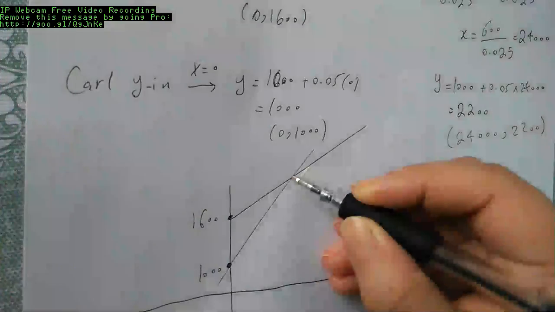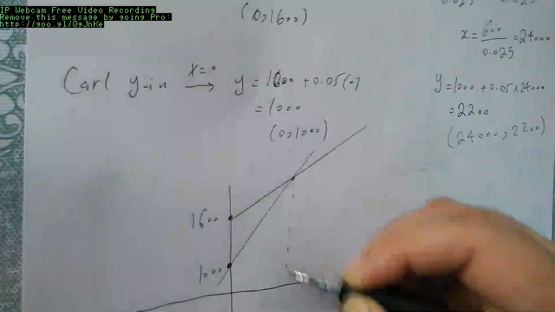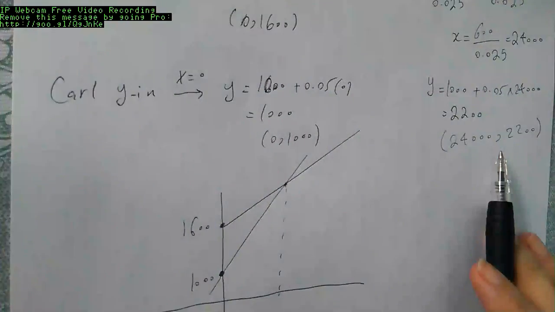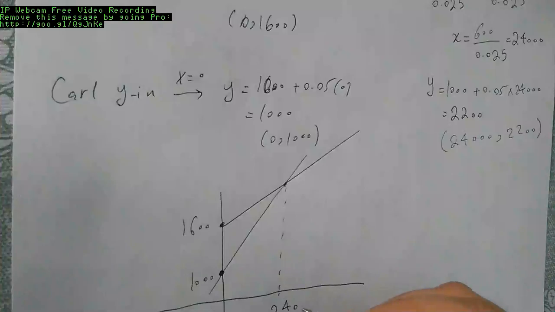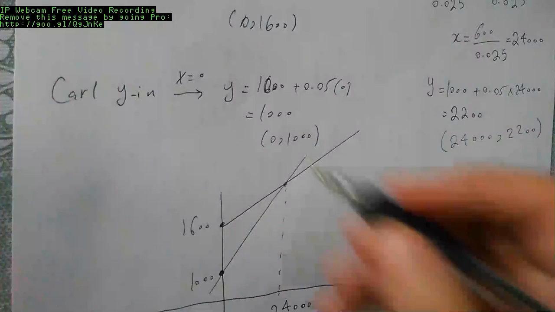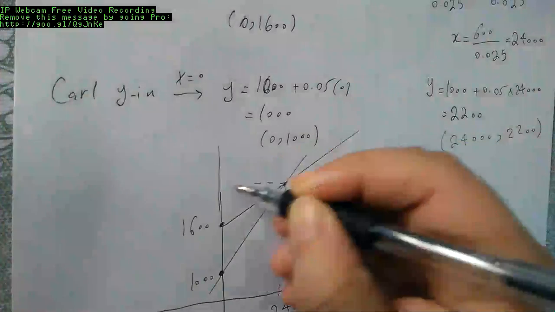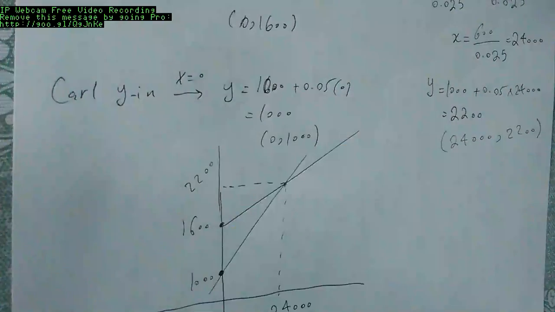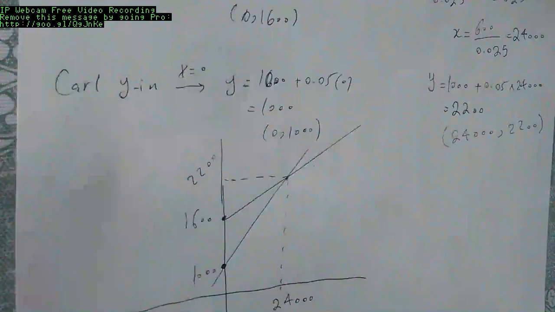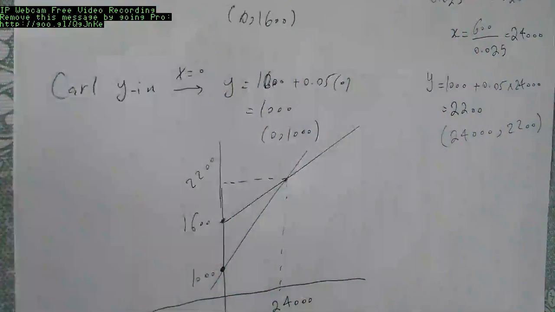And let's say this is the point where they intersect, the intersection, which is 24,000, and here this should be 2,200. So this is very approximate. It's not to scale. I just want to give you an idea.